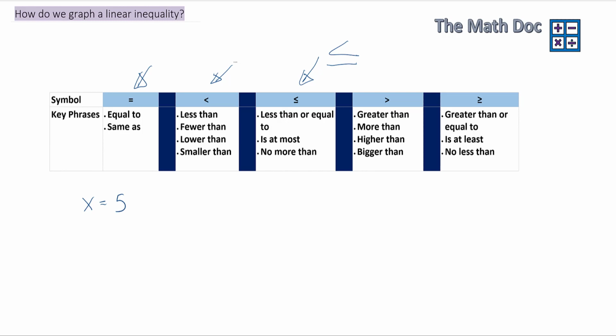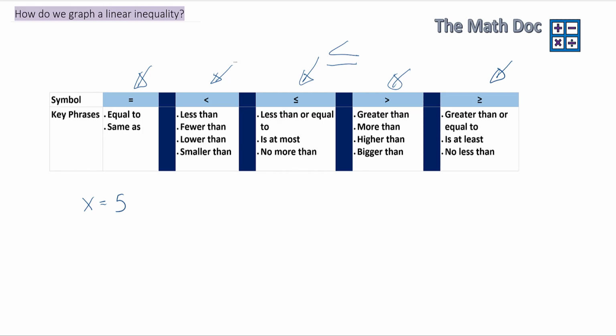Then we have the greater than symbol right here, and we can have phrases like more than, higher than, bigger than. Again, all these phrases show that something is larger than something else. And finally, we have greater than or equal to. So something can be either bigger than something or equal to it.